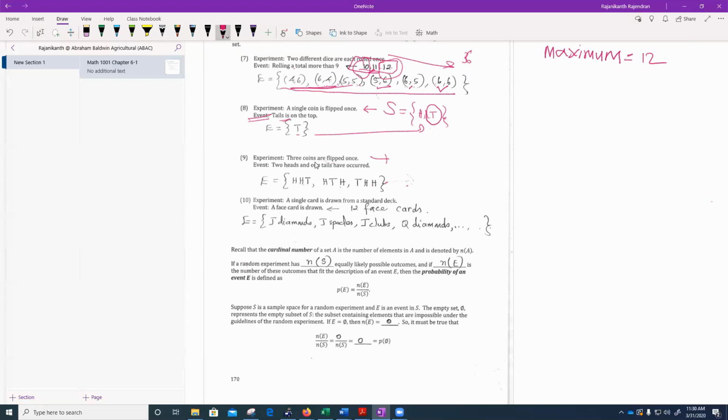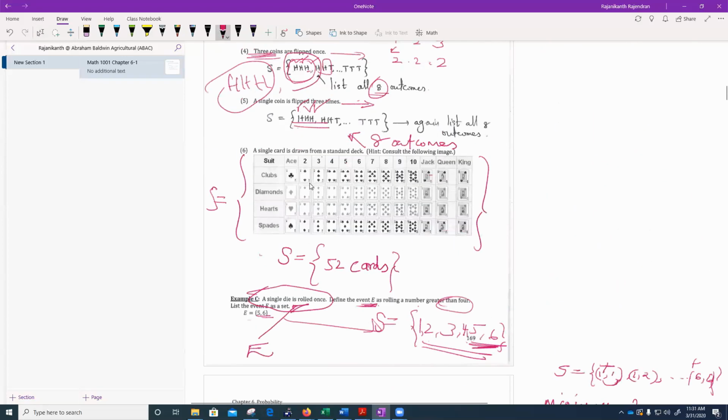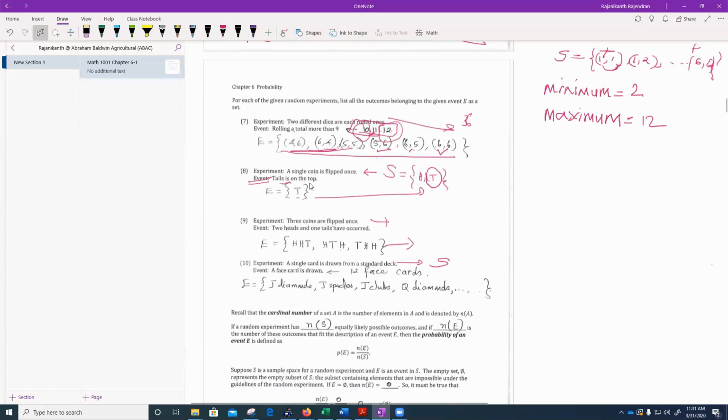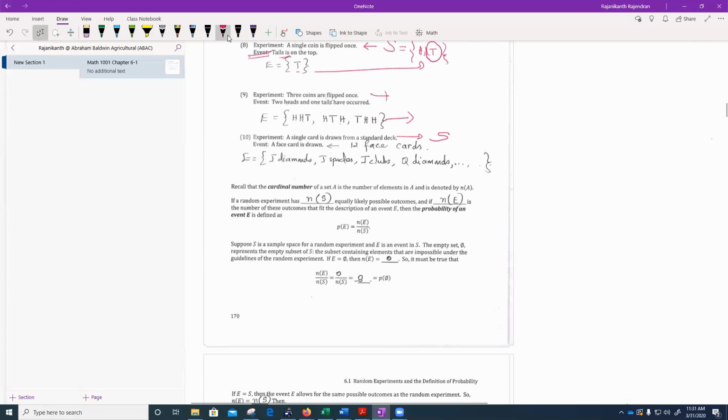Yes. Good. So next experiment, a single card is drawn from a standard deck. Okay. So now you are drawing only one card. So where's my sample space? My sample space is this picture now, right? You are drawing only one card. Then your event says what? You have to have a face card.